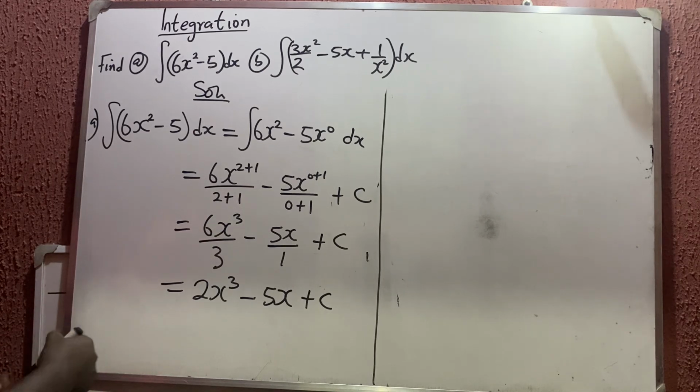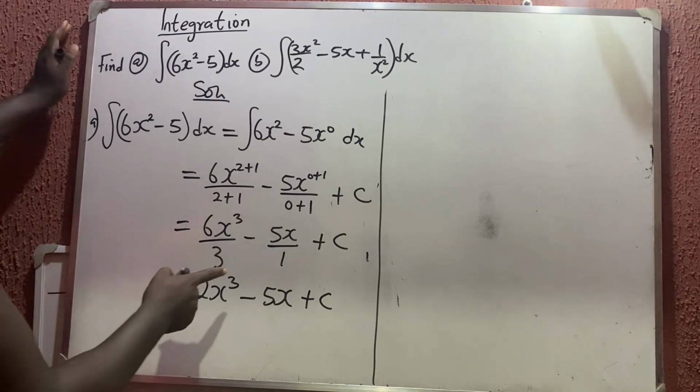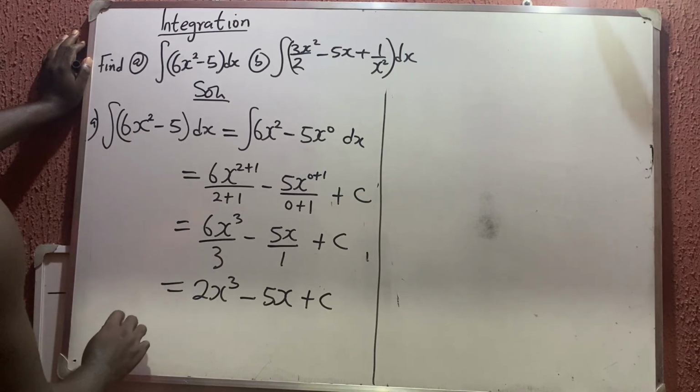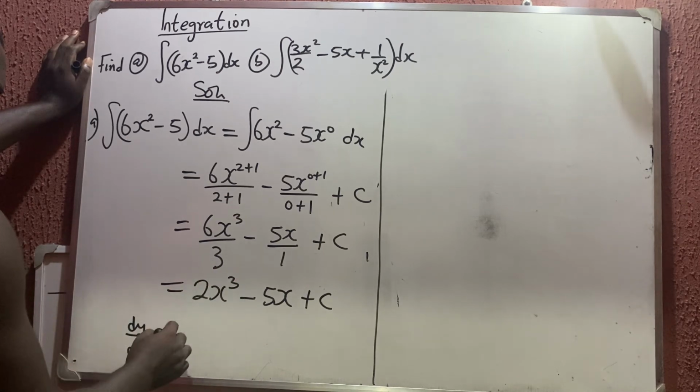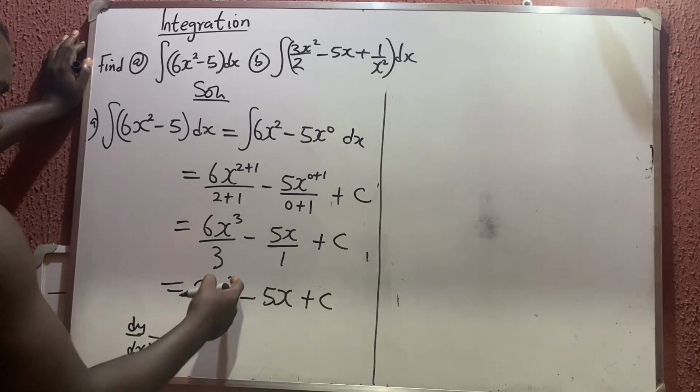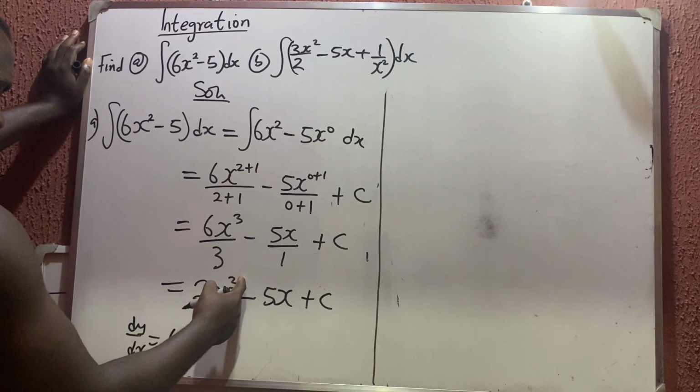Now let me show you why we say that differentiation is the direct opposite of integration. If you differentiate this, you are going to get this answer. Let us check. To find dy/dx, this will give us 6x, remove 1 from the power, we have 2. I told you, multiply by the power, remove 1 from the power.